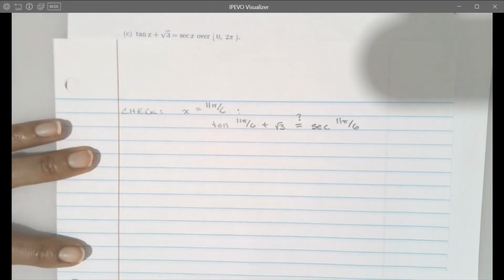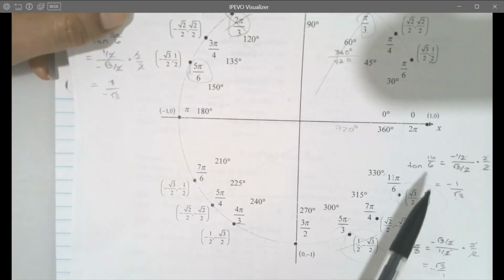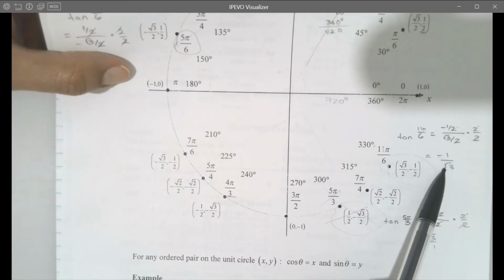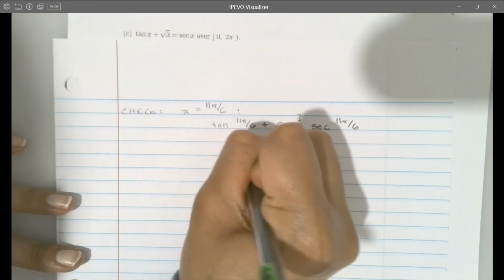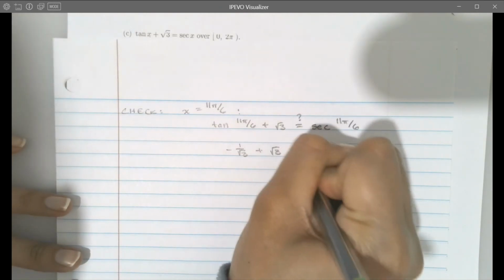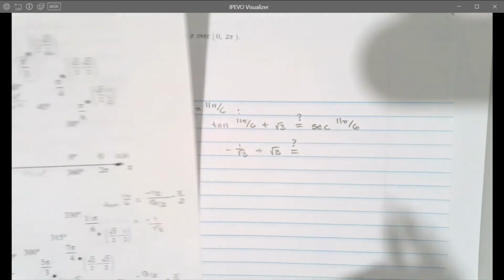Well, let's take a look at 11 pi over 6 on the unit circle. 11 pi over 6 is here. Tangent, well, it's a negative 1 over radical 3. So is it true that a negative 1 over radical 3 plus square root of 3 is going to be equal to secant of 11 pi over 6?